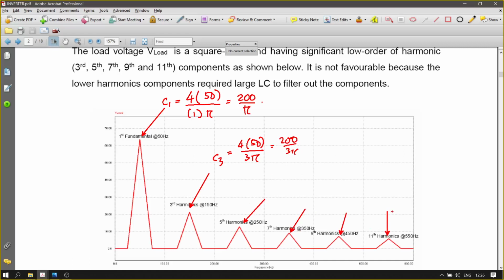So the question, the final exam, the test, could ask you what will be C1, what will be C3, what is C12, what is C14, what is C7. So you must evaluate the integral. You must show that the waveform is a square waveform and it's odd and quarter wave.